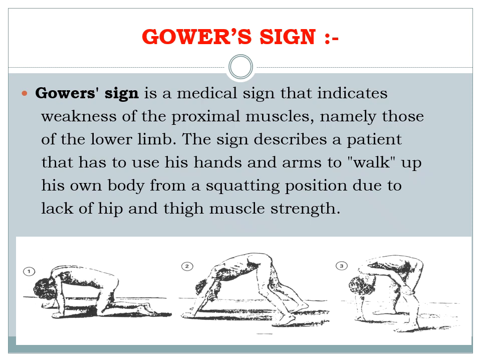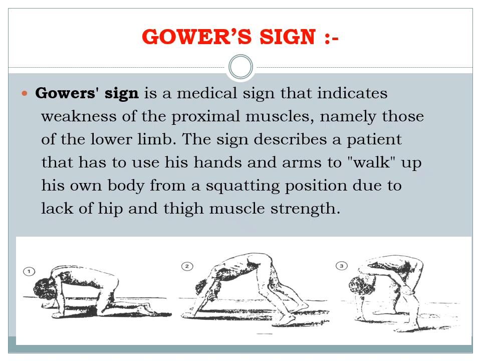That is a medical sign that indicates weakness of the proximal muscles. Proximal means major muscles, namely those of the lower limb. That sign describes a patient who has to use hands and arms to walk up the whole body from a squatting position due to the lack of hip and thigh muscle strength.